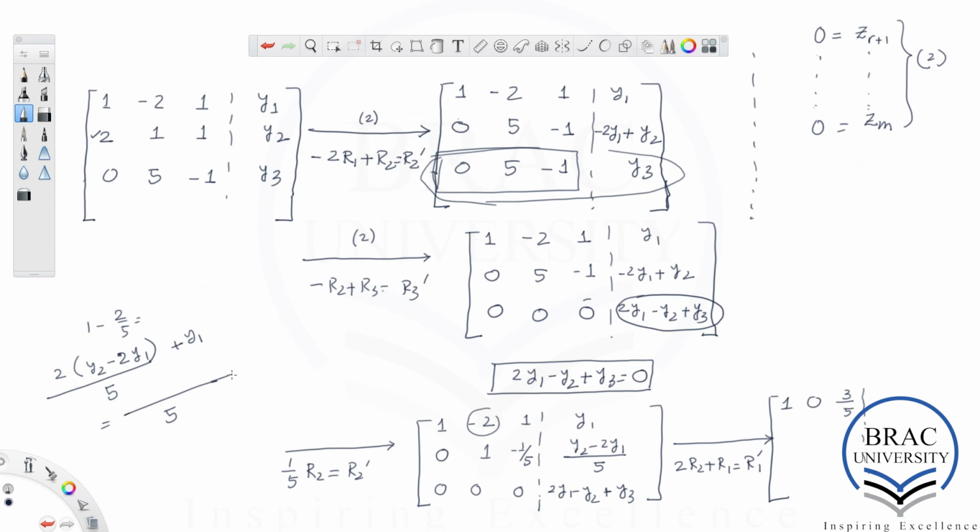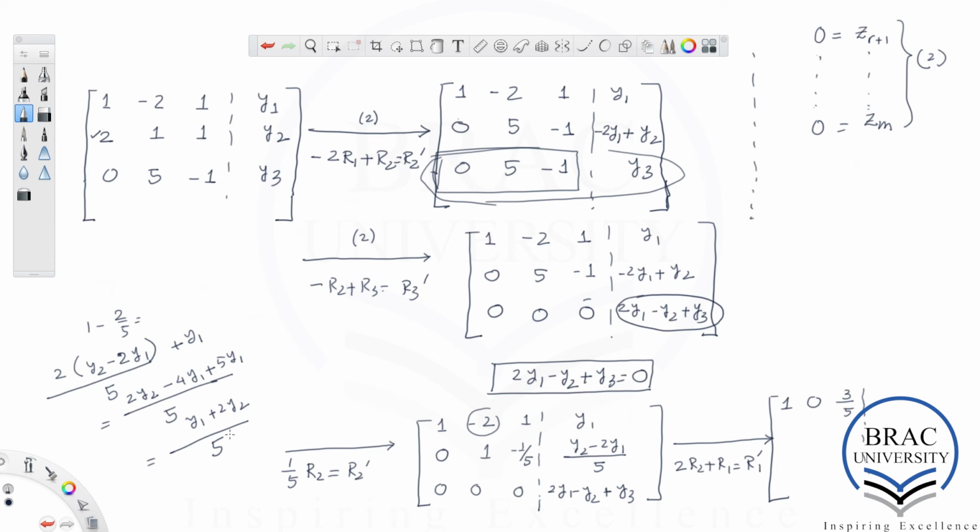So 5 in the denominator, and the numerator you have 2y2 minus 4y1 plus 5y1. That leaves us with y1 plus 2y2 in the numerator, and in the denominator one has 5.